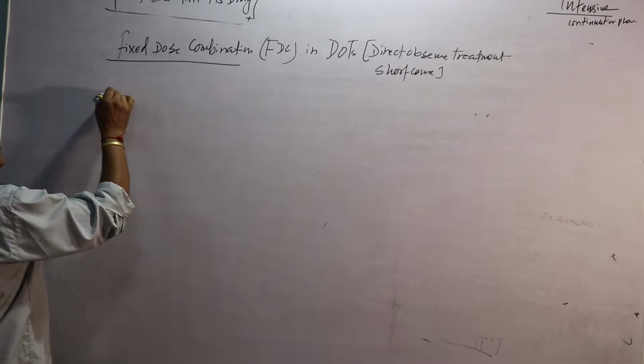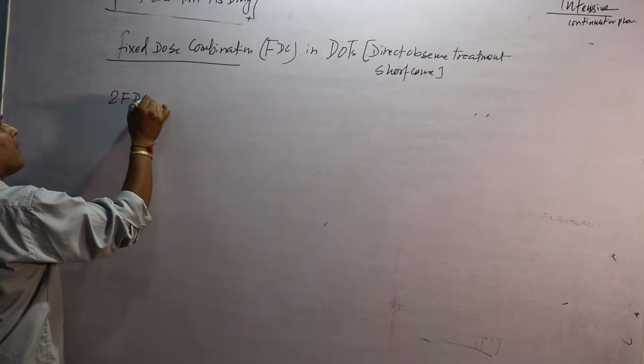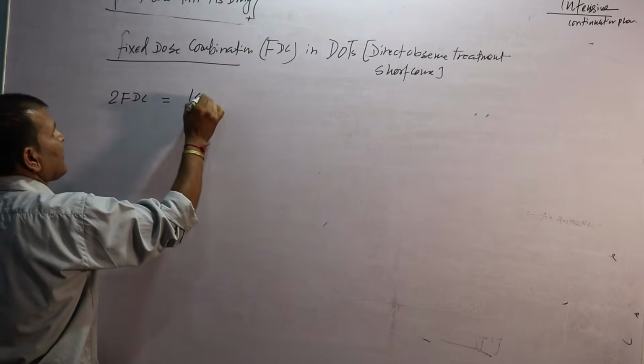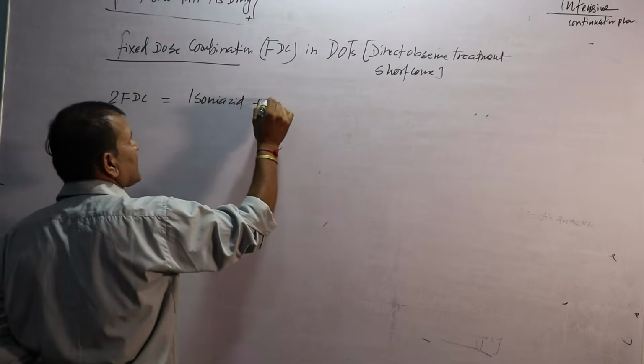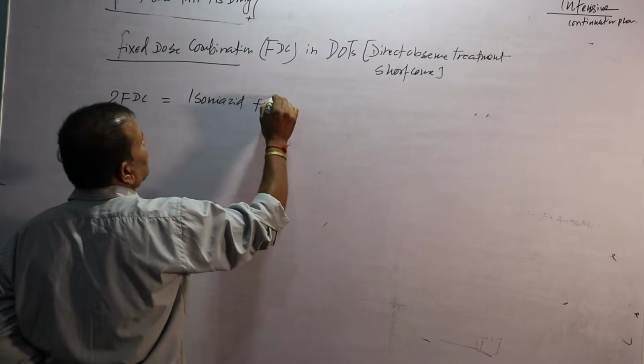We have a 2-FDC combination. It means the use of isoniazid plus rifampicin.